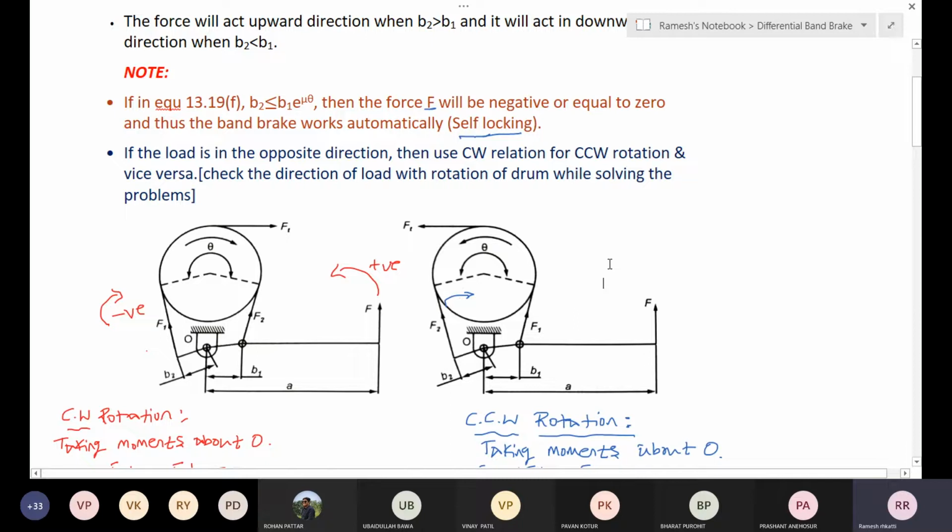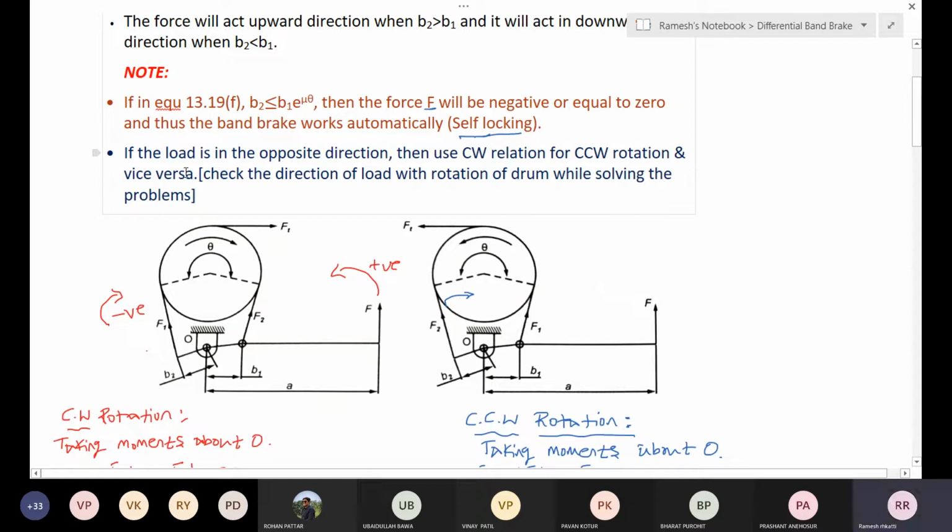That is the meaning of that. When b2 is less than or equal to b1 into e raised to mu theta, self-locking takes place, means the force is negative, or sometimes equal to 0, means you have not applied the brake and there is braking. That is called self-locking. This is the condition when there is self-locking.